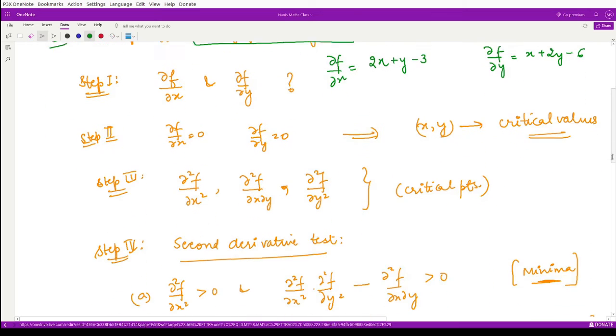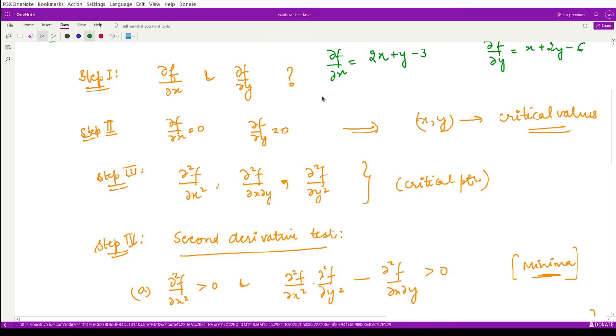In the second step, you are to set these values equal to 0. So you have 2x plus y minus 3 is equal to 0, and x plus 2y minus 6 is equal to 0. From these two, you are to calculate the values of x and y. So you have two equations in two variables. Let's solve these two equations.